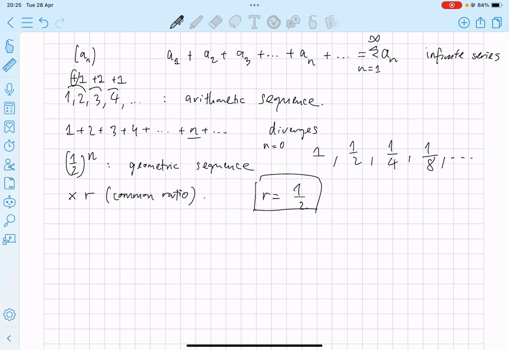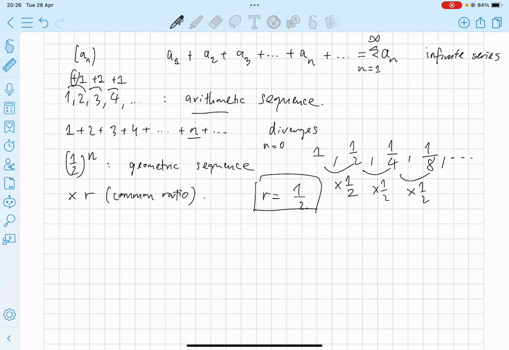You multiply by a half to make the next term. So for arithmetic it's plus, and for geometric it's multiply.